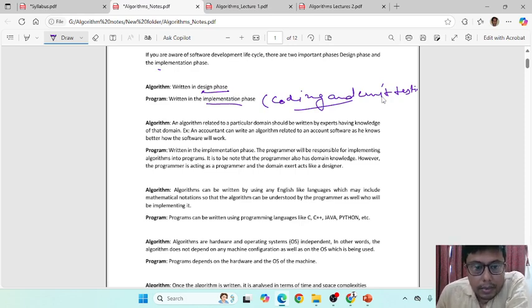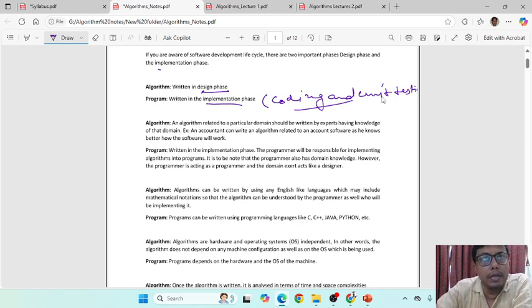Okay, whereas the program for that algorithm, which is written in the implementation or the coding and unit testing phase, is written by the programmer who is responsible for implementing the algorithm into that program. While writing, the programmer also should have the knowledge of that particular domain.